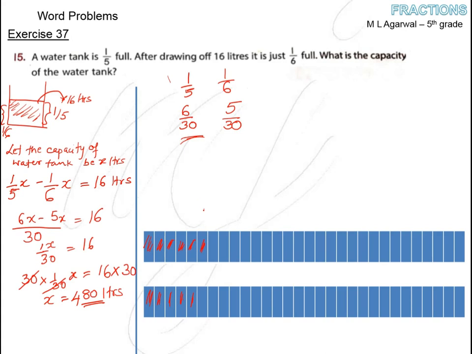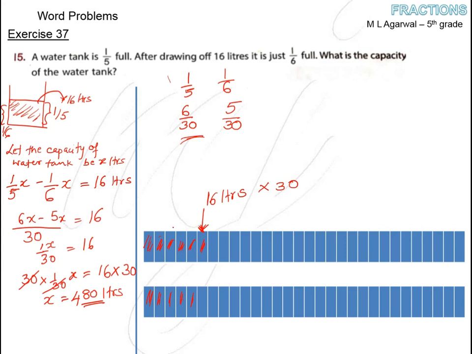is how much now? This one part becomes my 16 liters of water. Correct? So if I say this one part is 16, I have divided this into how many equal parts? Each part is 16, and this whole water tank is 30 parts.